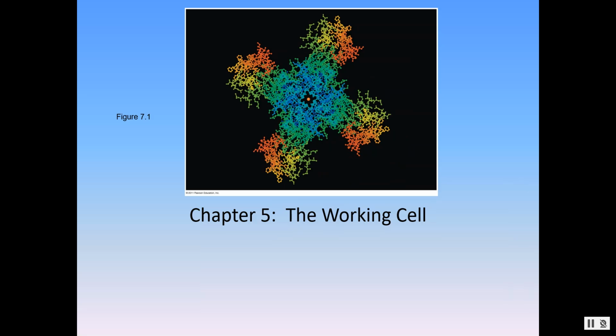Since we have now covered all of the structures of the cell, we're going to look and see how the cell functions. We're going to focus on the plasma membrane, and then on the way cells get substances inside and remove substances, so crossing that membrane.